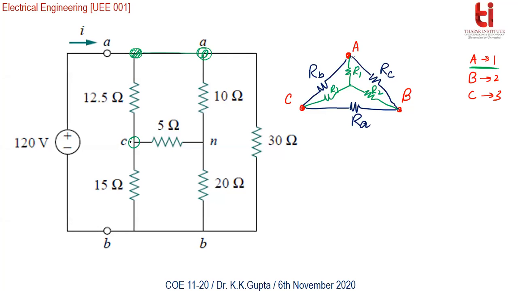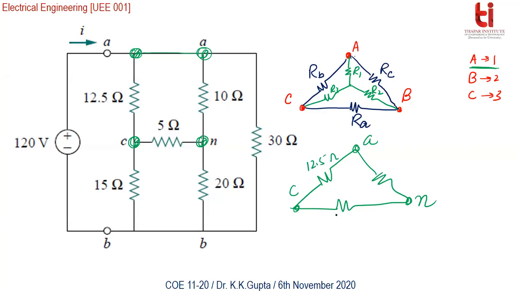सो अगर हम A, C और N इसको एक डेल्टा बना लें, so this is A, this is C and this is N, and these resistances are known.